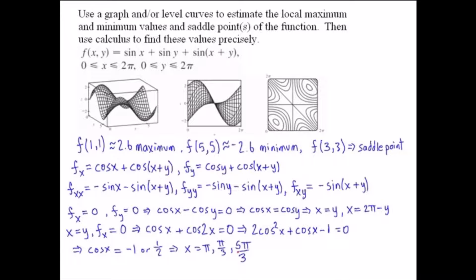This gives us the critical points (pi, pi), (pi over 3, pi over 3), and (5 pi divided by 3, 5 pi divided by 3).